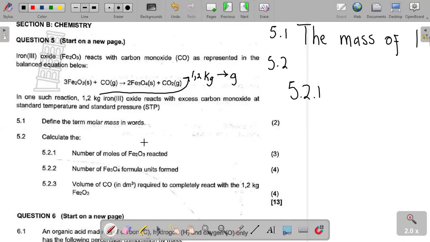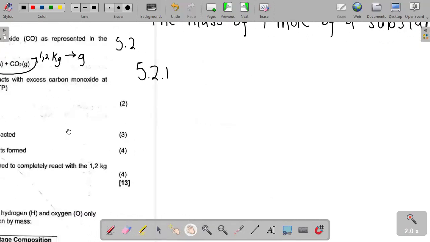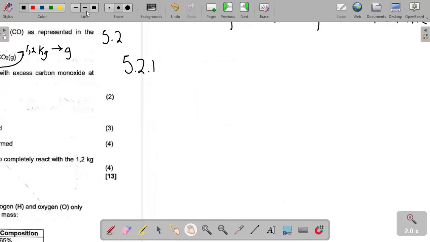Now, they say calculate the number of moles of iron oxide. So iron 3 oxide reacted. Number of moles. So, we must first find the molar mass for iron 3 oxide.